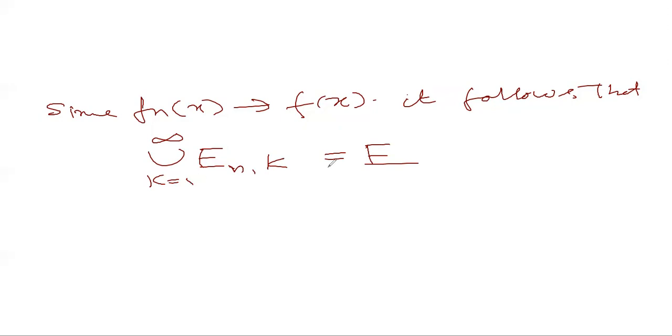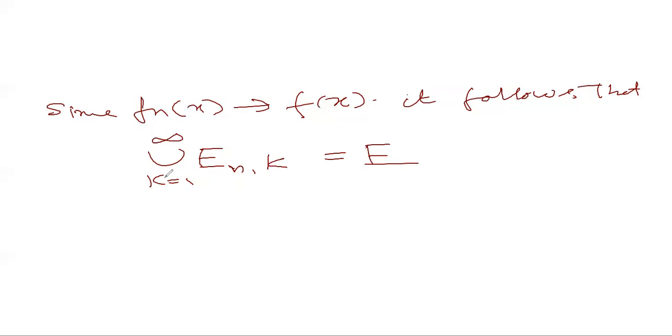You can easily verify this. Let's take any x in the union of E_n^k. It is in one of the E_n^k for some k, and then |f_m(x) - f(x)| is less than epsilon. Then you can apply the limit as m approaches infinity. It's true. Okay, it's very simple actually.